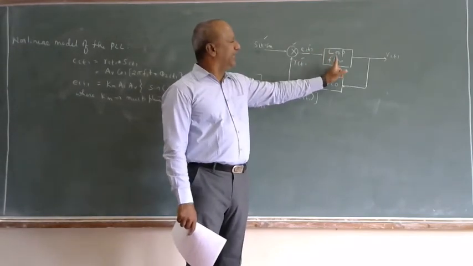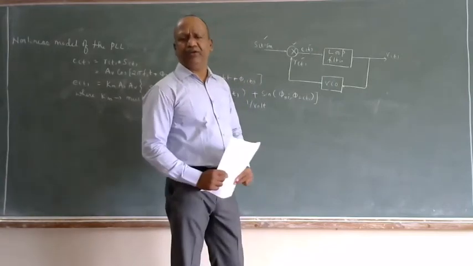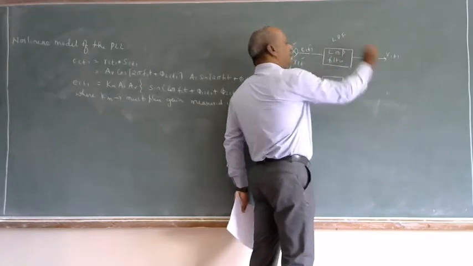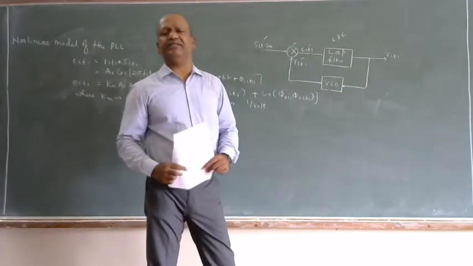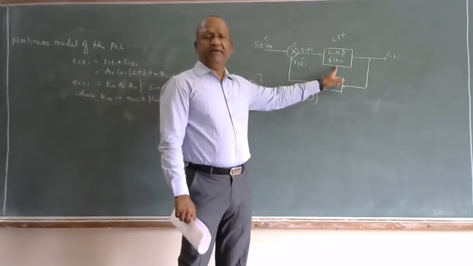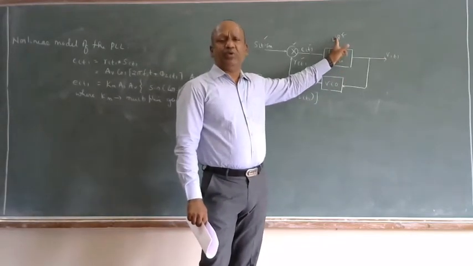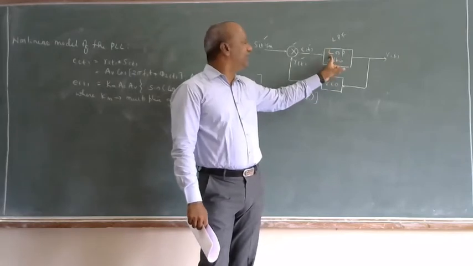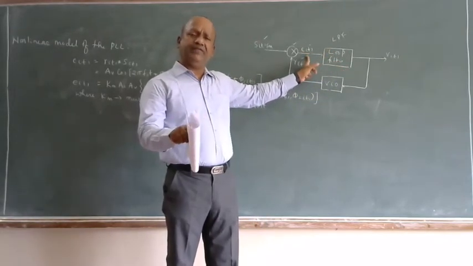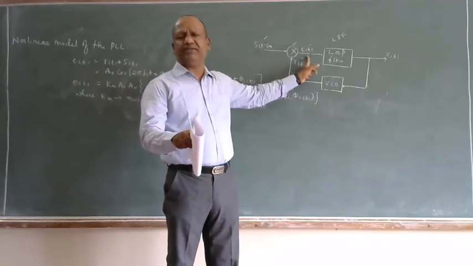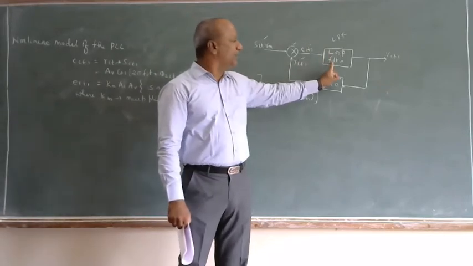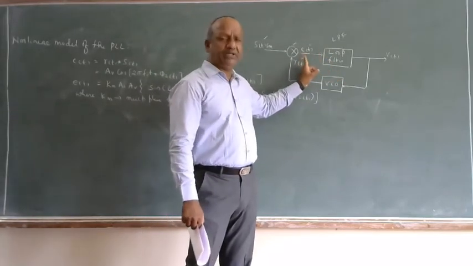Then what is the next operation we are doing? Basically the loop filter is a low pass filter. As my loop filter is basically a low pass filter, what is the response of this filter for the input E of t, which contains a high frequency component in the form of double frequency and a low frequency component in the form of difference frequency? What is the response of this filter for the input E of t?